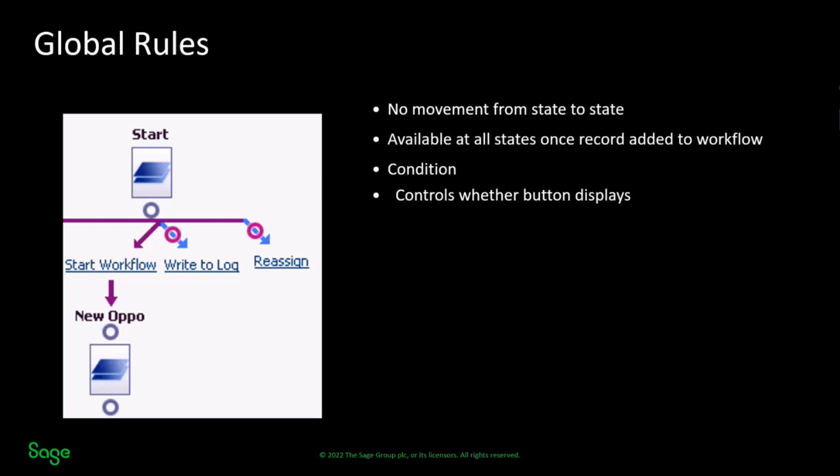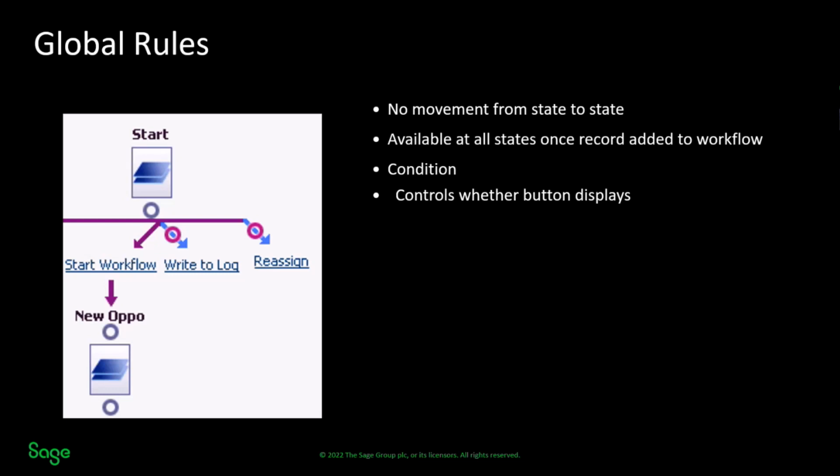Or if you have a need to introduce a quick audit, so to run a report, to create a complete history of the communications associated with a transaction, that would be invoking, say, an ASP page or a DLL with custom behavior to assemble that information. A global rule can do that because it can be made available anywhere within the workflow.